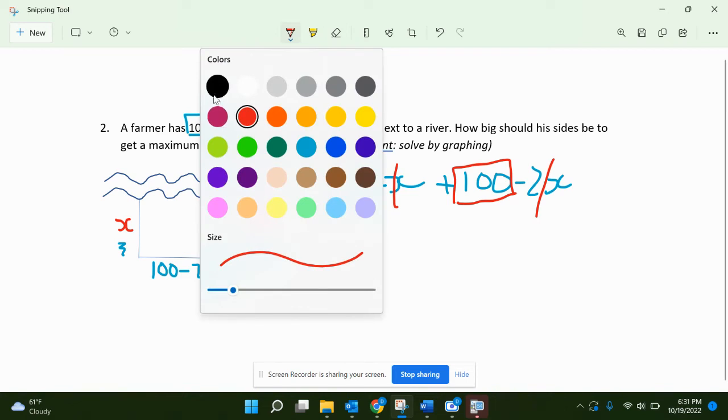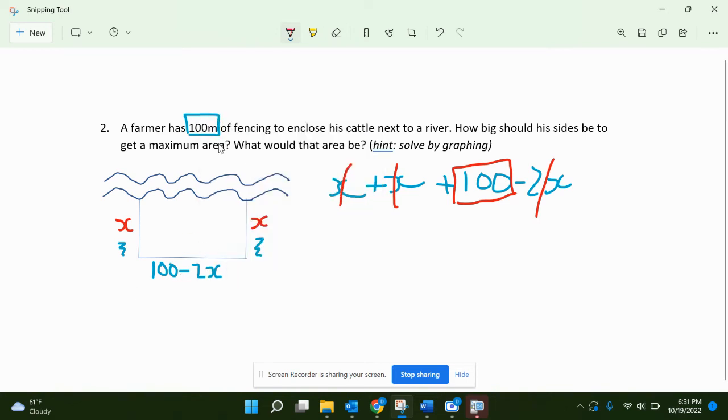component of this problem. What I'm going to do is I'm going to now find the area by multiplying base times height. So I'm going to say X times 100 minus 2x. Okay, now this is actually technically enough to put in GeoGebra. You may want to distribute the x though.